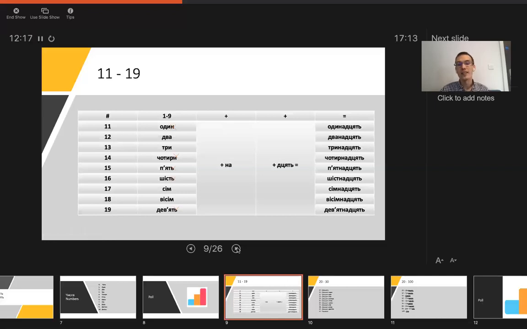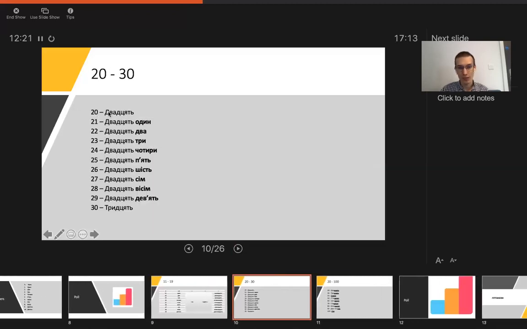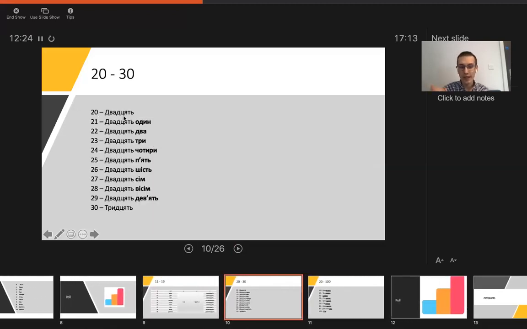Дуже добре. And then after 19 comes 20, двадцять. And then 20 through 30 is very simple, as it is in English. Yeah, you in English would say twenty-one.